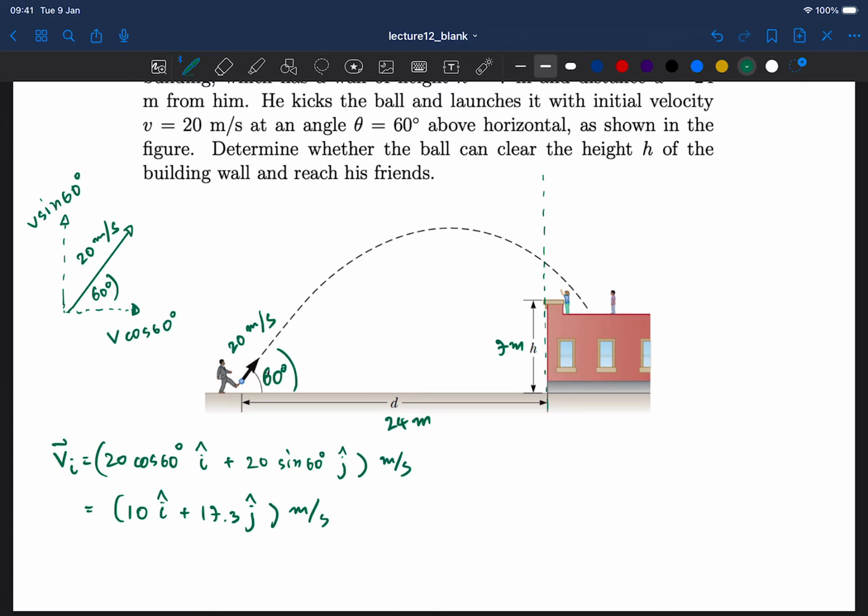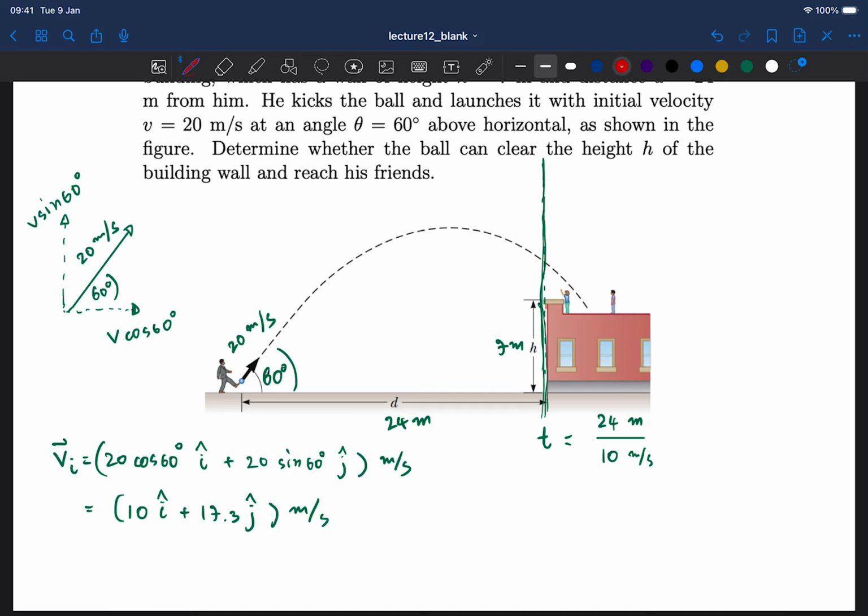Again, I want to check where the ball is when it has traveled horizontally for 24 meters. So I need to find the time when it reaches this line here. The time to reach this plane is the horizontal distance, 24 meters, divided by the velocity in the horizontal component, which is 10 meters per second.